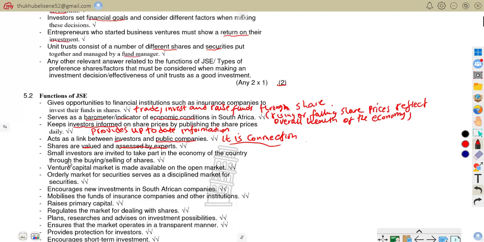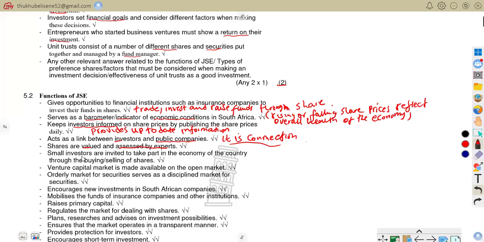Now moving on, another function is that small investors are invited to take part in the economy of the country through buying and selling of the shares.